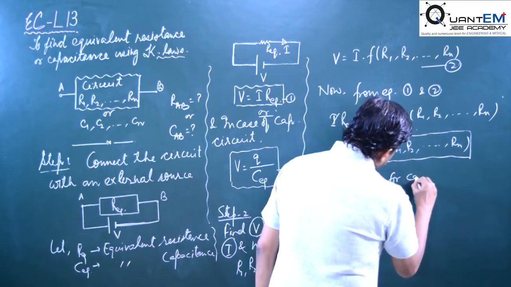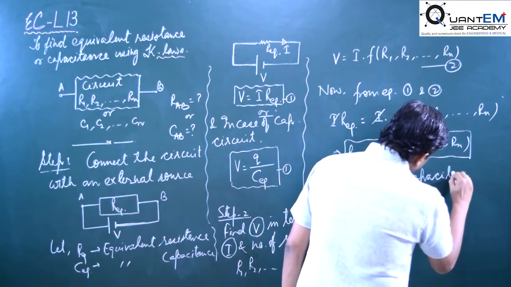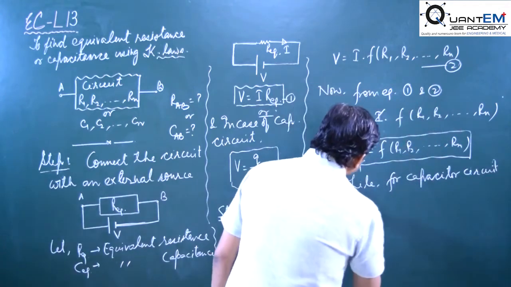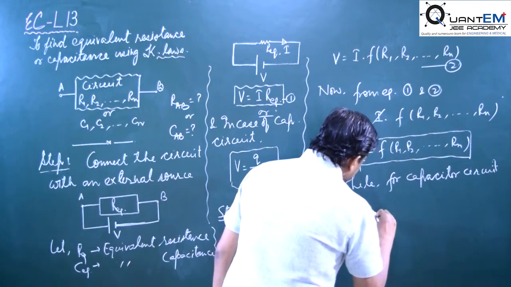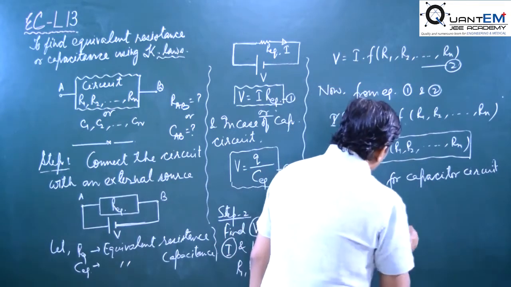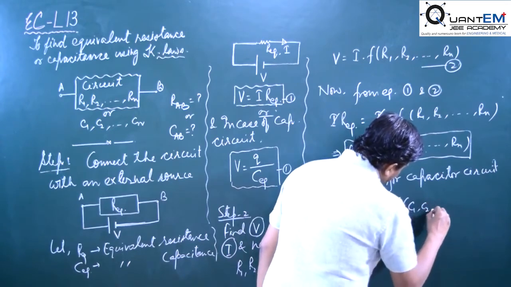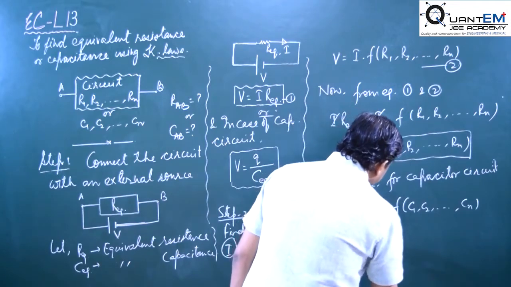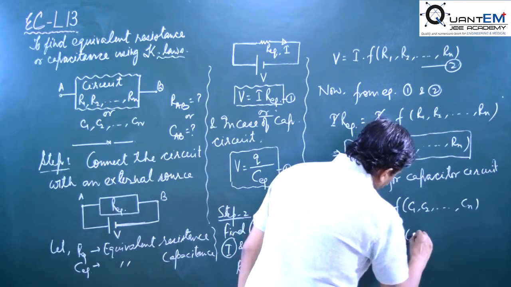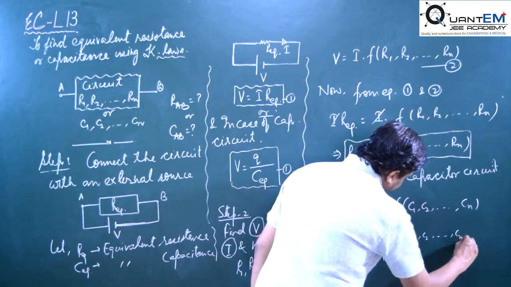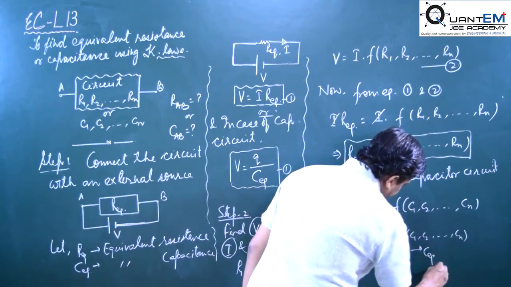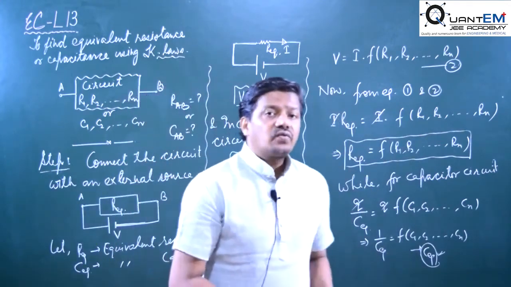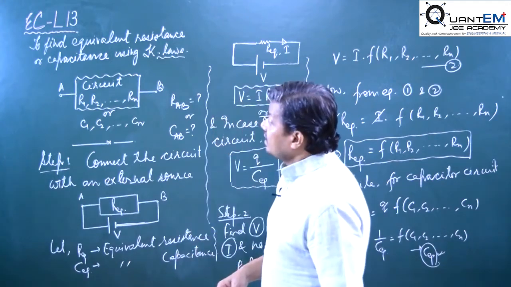For the capacitor circuit we will have Q by C equivalent is equal to Q, the supplied charge, into a function of the number of capacitances. To get the result, 1 by C equivalent is equal to a function of the number of capacitors, and you will get the value of C equivalent. In this way we find the value of the equivalent resistance or equivalent capacitance using Kirchhoff's law.